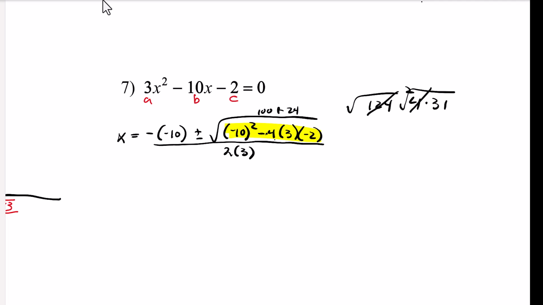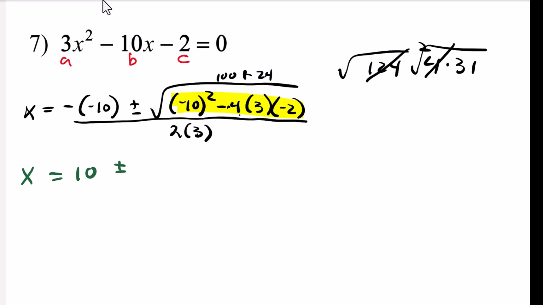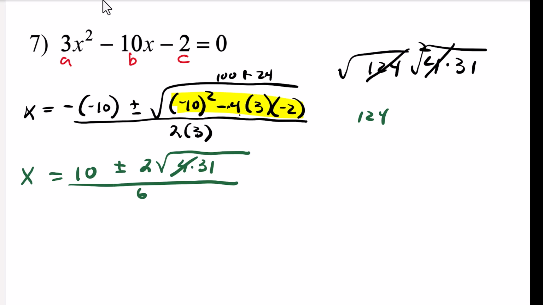So all of this will simplify to positive 10 plus and minus, instead of 124, we're going to write 4 times 31, and then we're going to take out square root of 4 is 2, all over 6, and then look at these all have a 2 in common. 10 divided 2 is 5. 2 divided 2 is 1. And 6 divided 2 is 3.